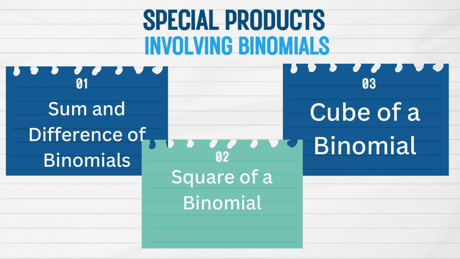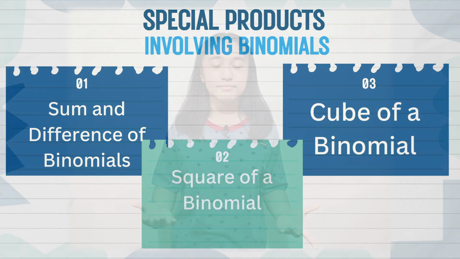Now that we've discussed what the FOIL method is, let's move on to special products of binomials. In this video, we will be discussing three: the sum and difference of binomials, the square of a binomial, and the cube of a binomial. Please take note that in this video, I might be phrasing the terms a little bit differently.